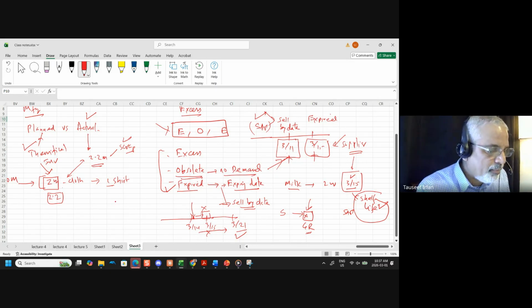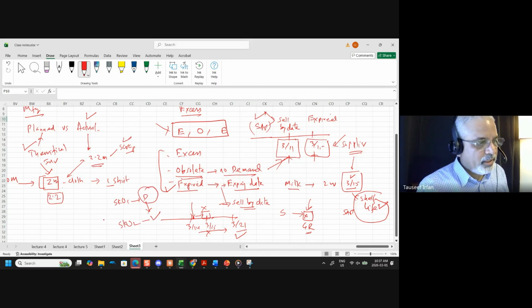So something came. So this product SKU1, there is no demand because what happened? The demand may have moved to another SKU. Agree? Company has introduced, for example, iPhone 10, no demand. But where have those customers gone?